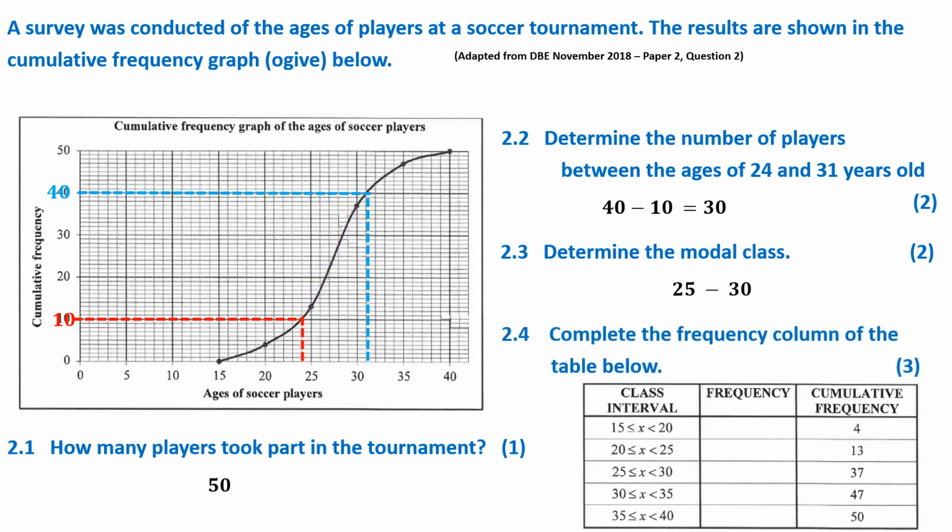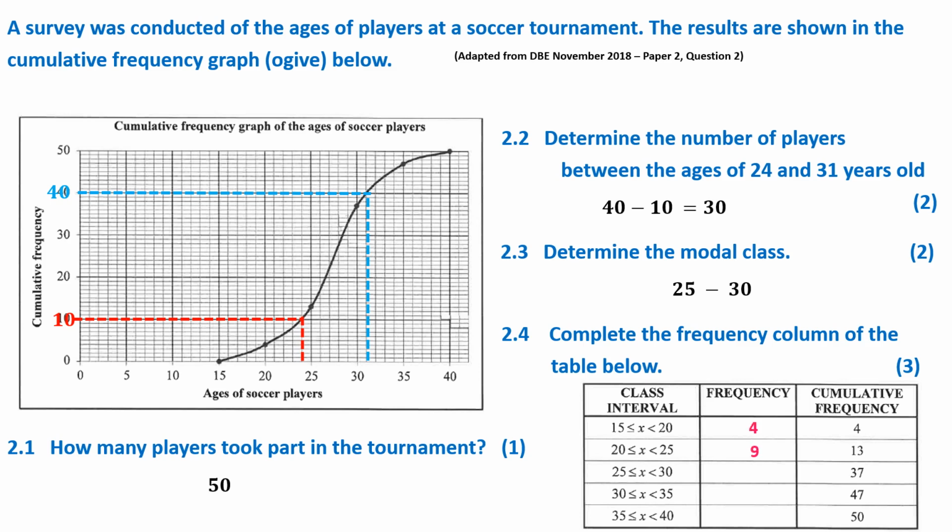And we are going to complete the frequency column with the table below. So this is very similar to the way we started the very first question. I need to ask myself, what number do I have to add to get the next number in my cumulative frequency column?